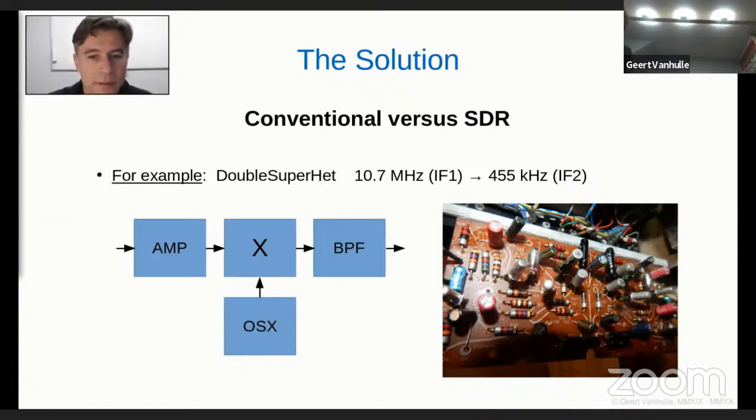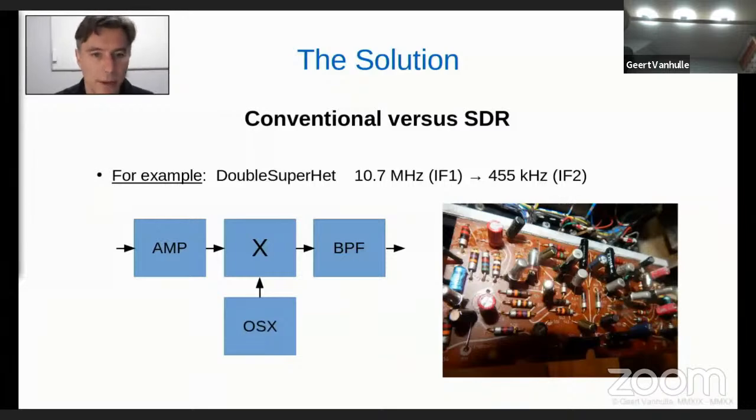Now, this gives us a complete hardware circuit with transistors and a lot of components. It's all analog, so we have to compensate for a lot of things, for temperature, for drifting. Components have tolerances, and a lot of things can go wrong there. So it's quite an effort to build these kinds of converter stages.